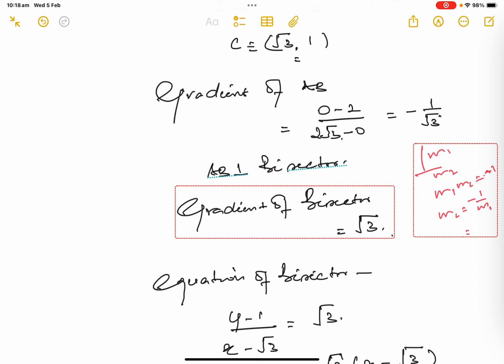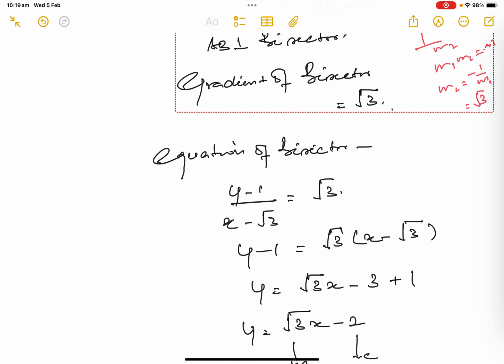So the gradient of the bisector is positive root 3, because AB and the bisector are perpendicular, and the multiplication of gradients is minus 1. That's a standard coordinate geometry fundamental.